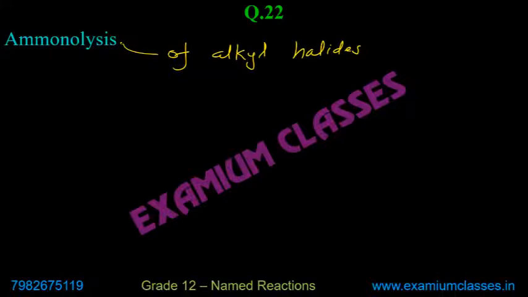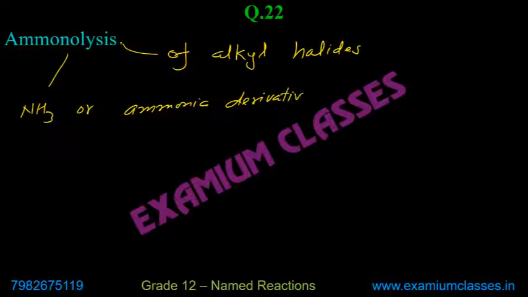At the same time, ammonolysis can be done by ammonia or ammonia derivatives, meaning amines. So ammonolysis of alkyl halide can be done by ammonia or ammonia derivatives in presence of alcohol.